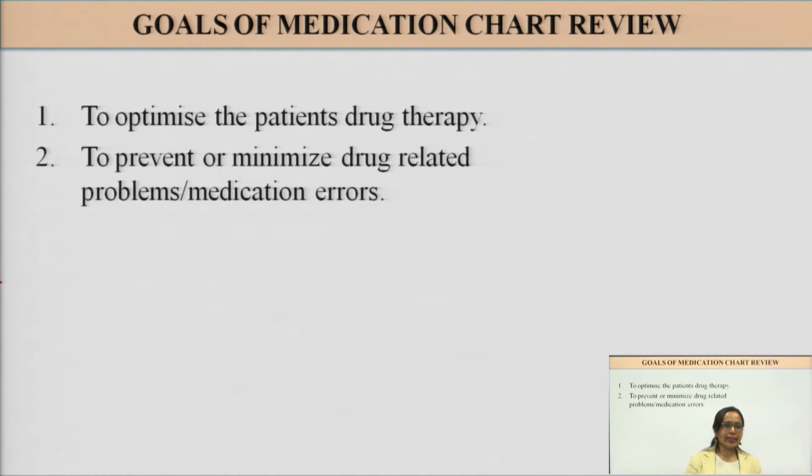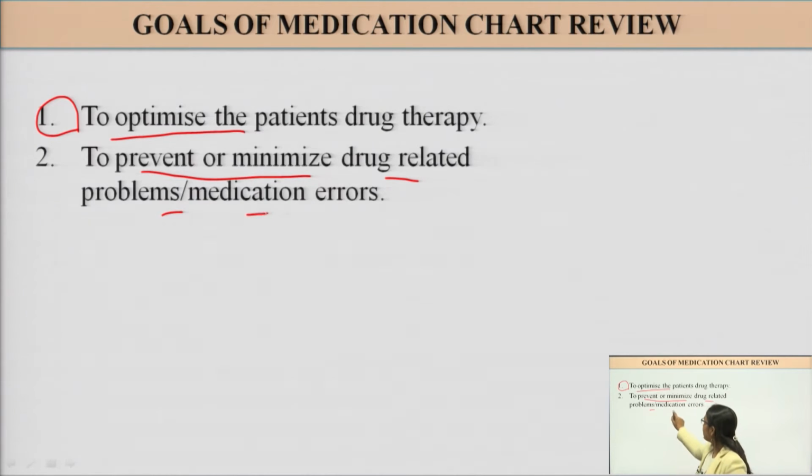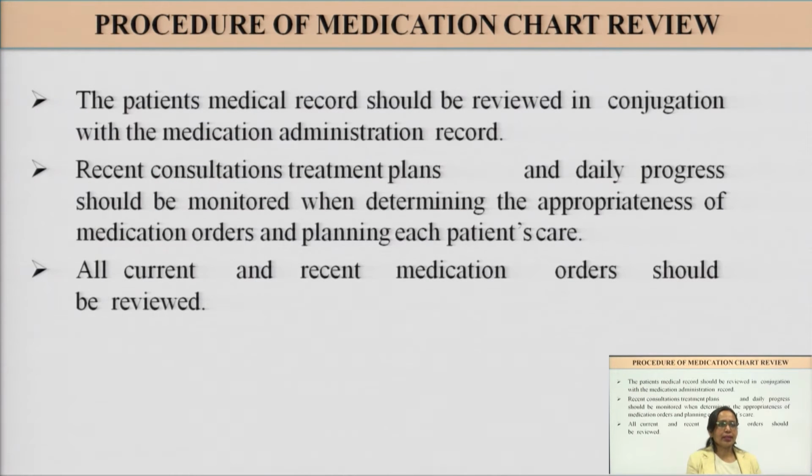That is the second goal. The first is to optimize the patient's drug therapy, and the next is to prevent and minimize drug related problems and medication errors. These are the two main goals of medication chart review.